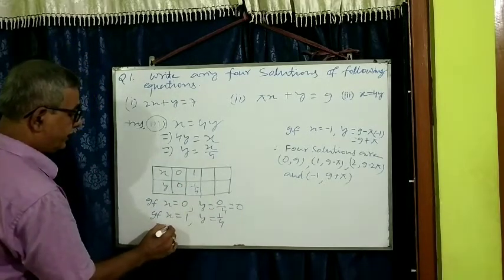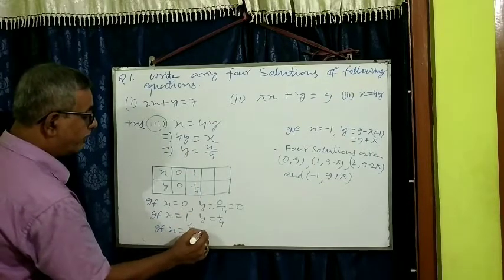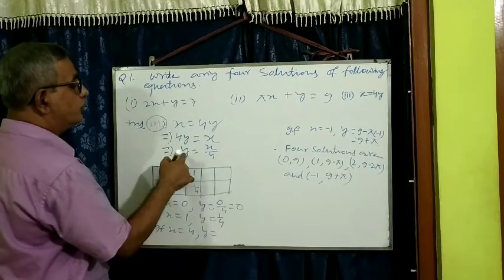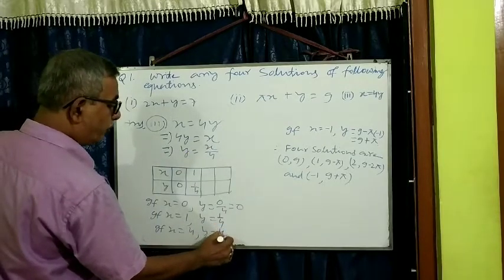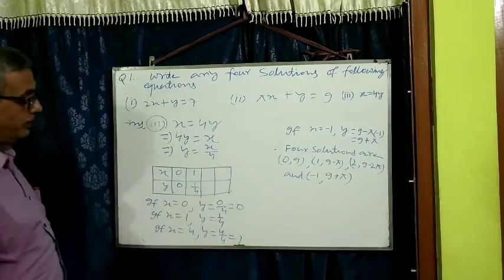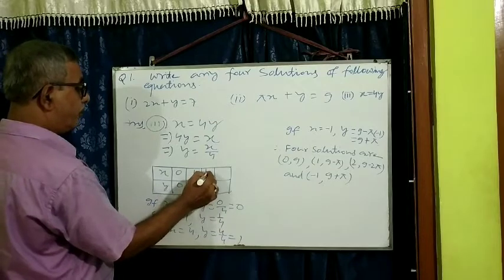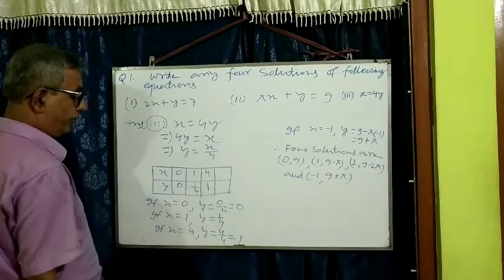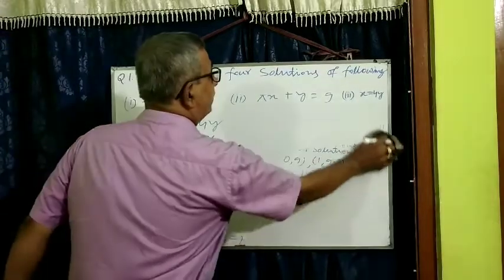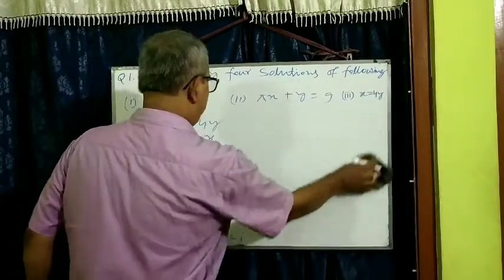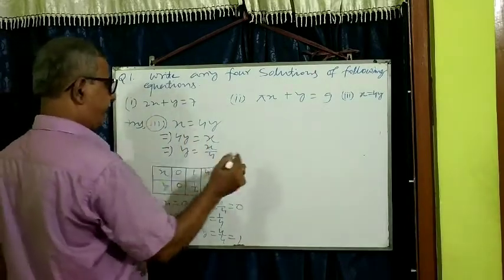If x is equal to 4, then y is equal to 4 by 4, which is 1. So you write 4, then 1. One more. It is up to you what value of x you want to take. Negative also you can take.